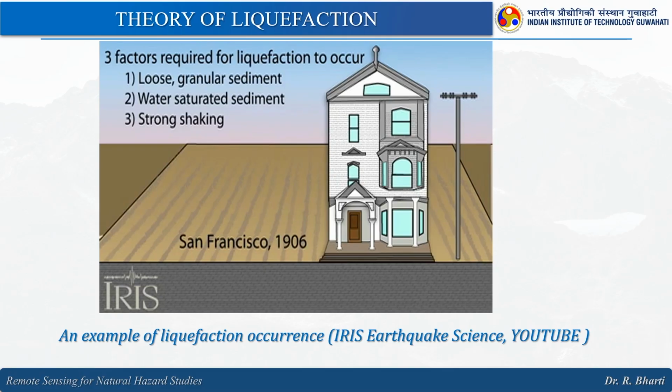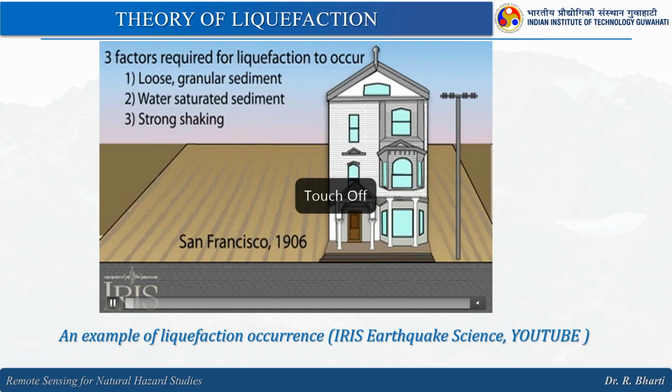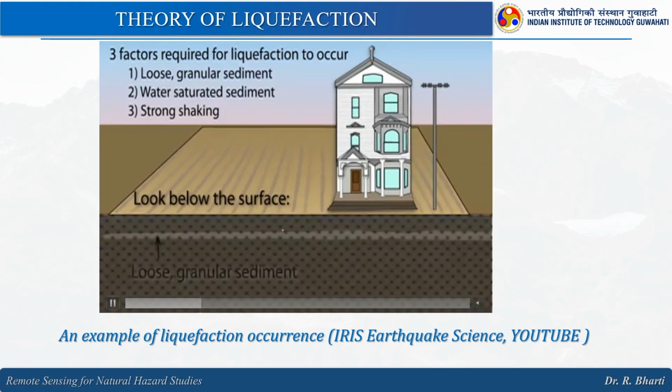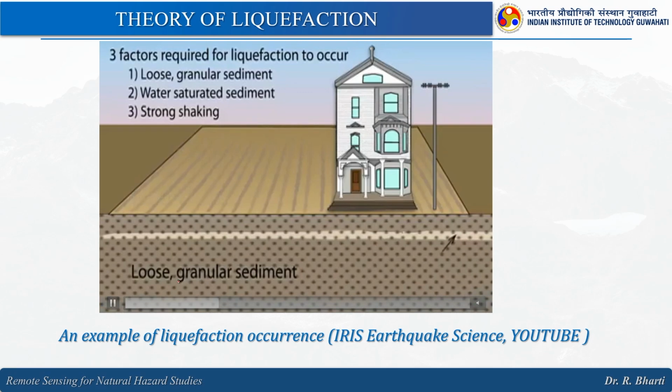This is a very nice video which explains the liquefaction phenomena. So, here you can see this particular building, and here you have this layer. Look below the surface, here you have loose granular sediments.